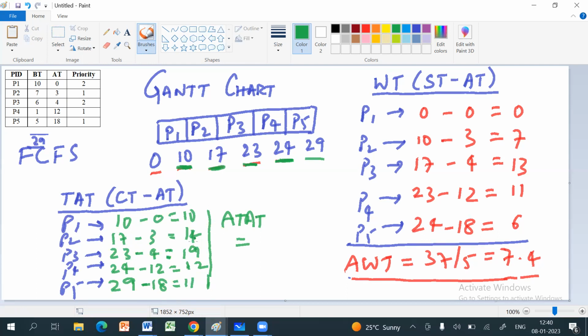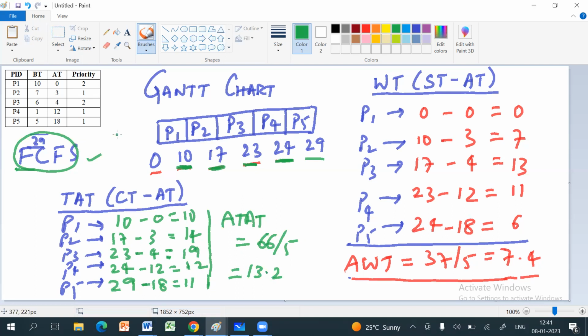So 24 plus 19 is 43, plus 12 is 55, plus 11 is 66, divided by 5, which comes up to 13.2. Okay. So these are the average wait time and average turnaround time using the FCFS technique.